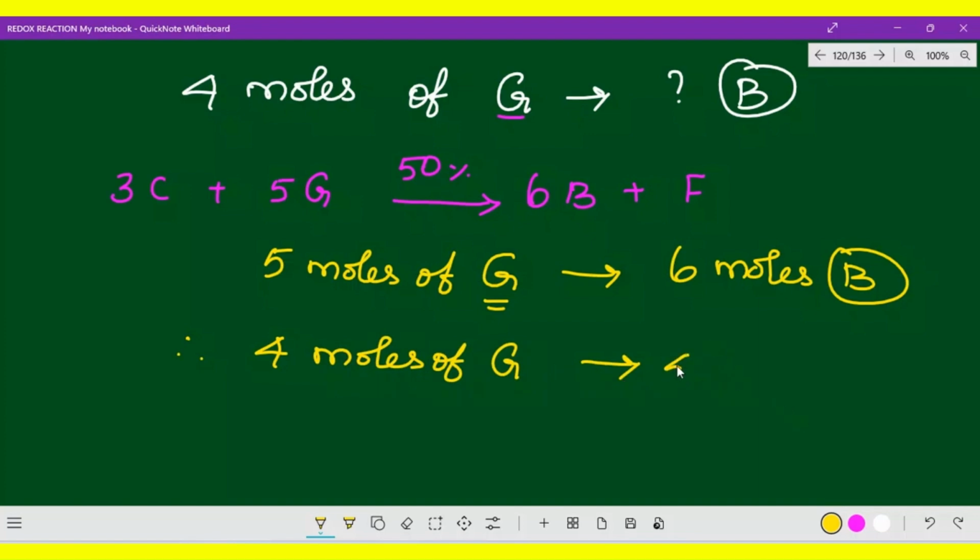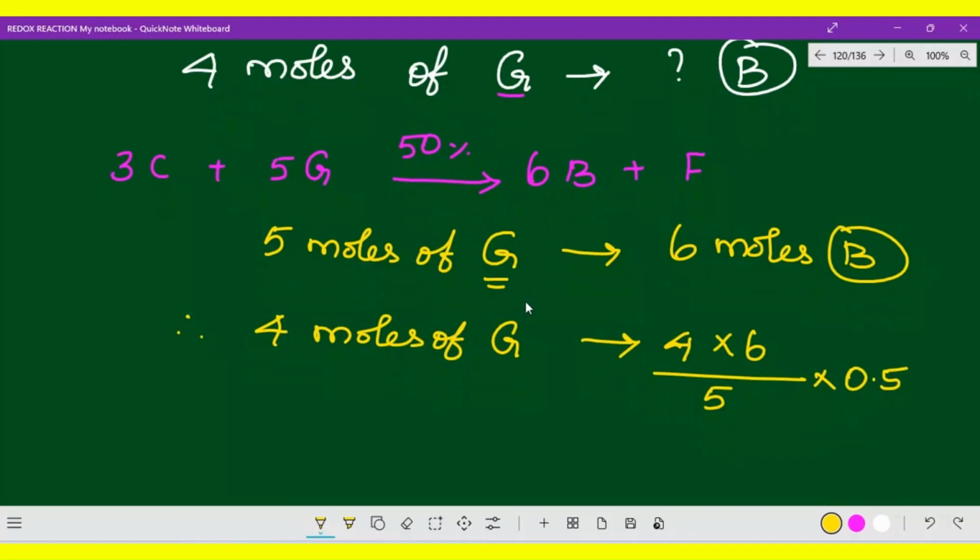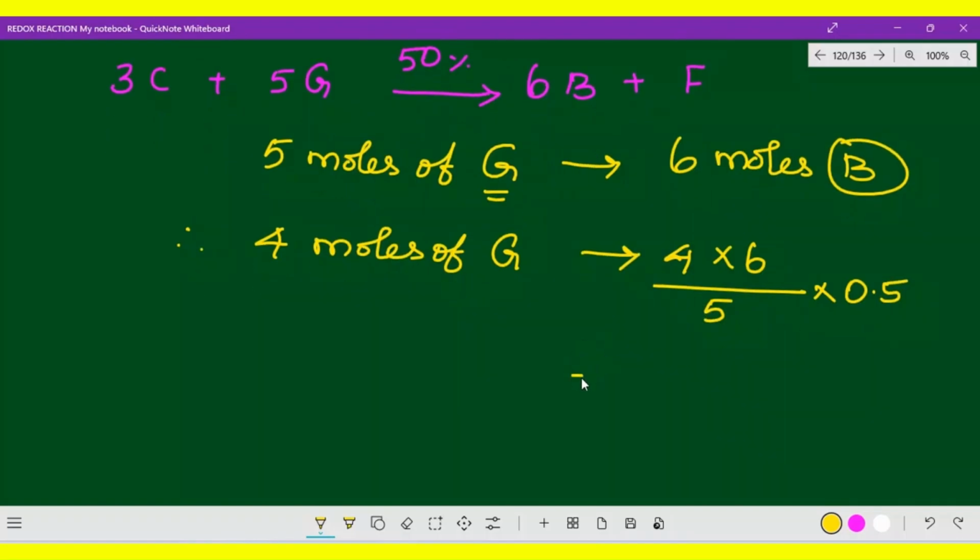So 4 into 6 divided by 5 into the yield, which is 0.5, since it is 50%. So you will get 2.4 moles of B, right? 6 into 4 divided by 5, and the percentage yield is 0.5. So you will get 2.4 moles of B.